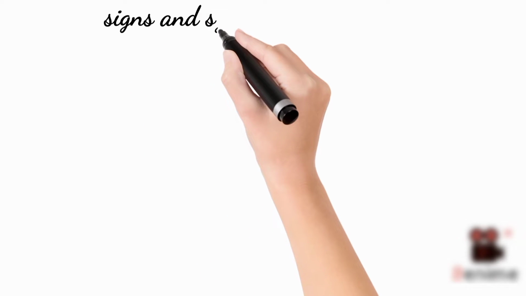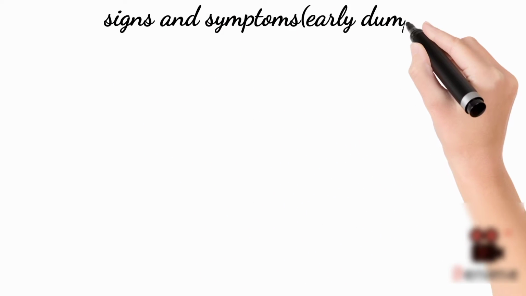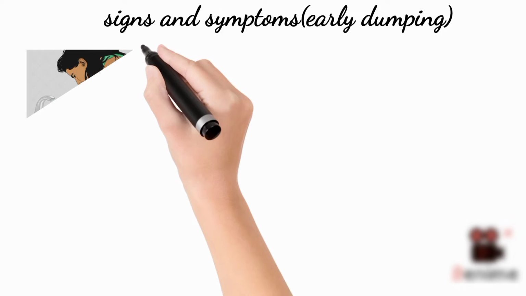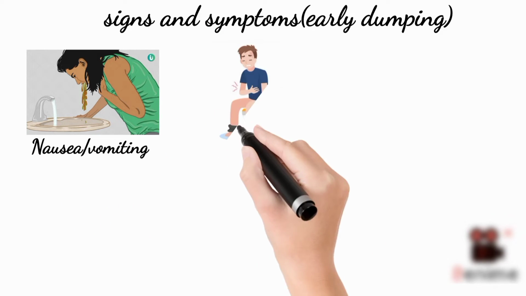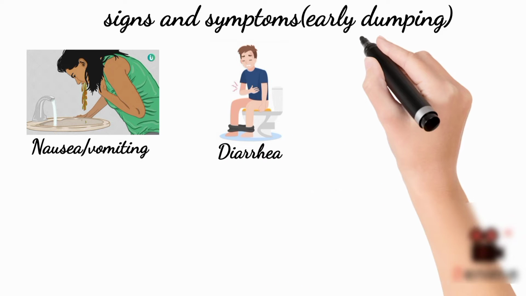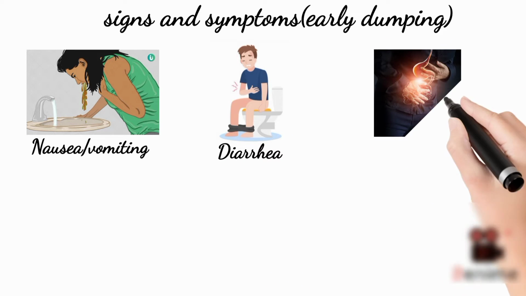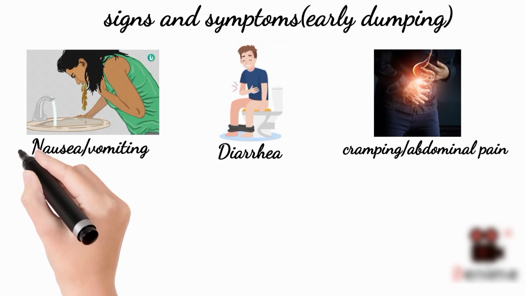The signs and symptoms of this condition depend on how early or late the symptoms manifest themselves. In early dumping, the symptoms manifest within 20 to 30 minutes, while in late dumping, they manifest within 2 to 3 hours as discussed earlier.